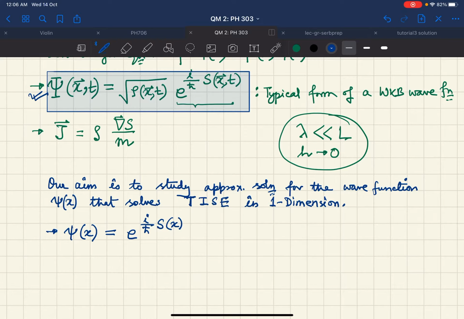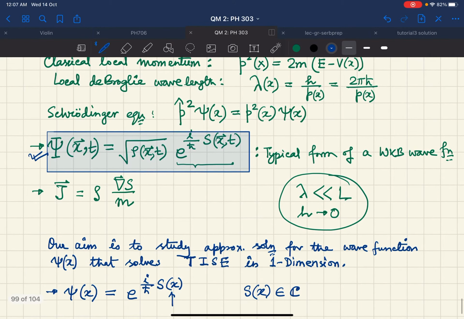But this objection can be overruled by saying that we can always think of this s of x as a complex function. So my s of x now belongs to complex space. So this s of x is a complex function, and if s of x is complex, then the imaginary part will provide the norm of the wave function. It is always possible to do that.